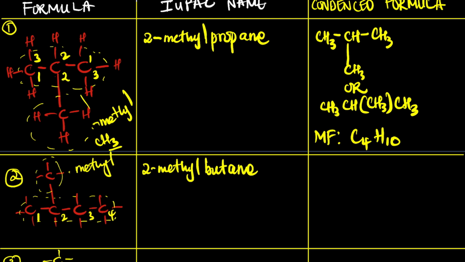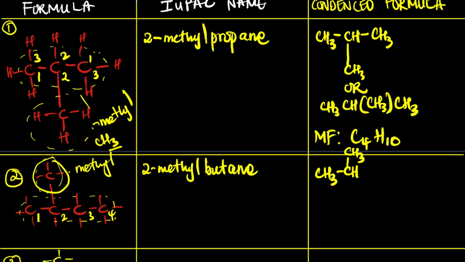And then the condensed structure, it's CH3 and then CH, and then in that C there's a CH3 and CH2CH3. So it's gonna be CH3, and then you say CH. In this CH there's a CH3, which is this CH3, right?